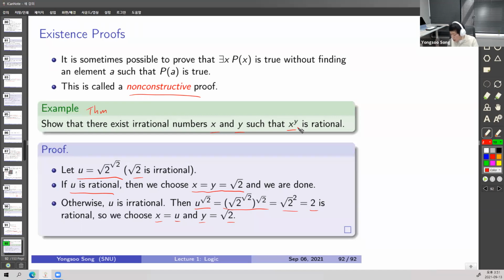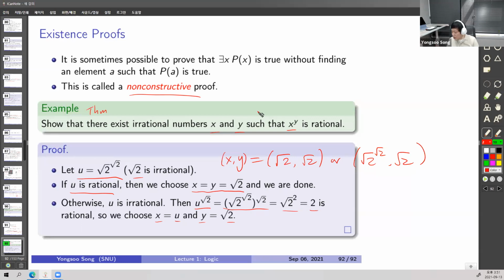So what is shown here is that either this pair or this pair satisfies this property, but we don't know which one is a pair of irrational numbers.